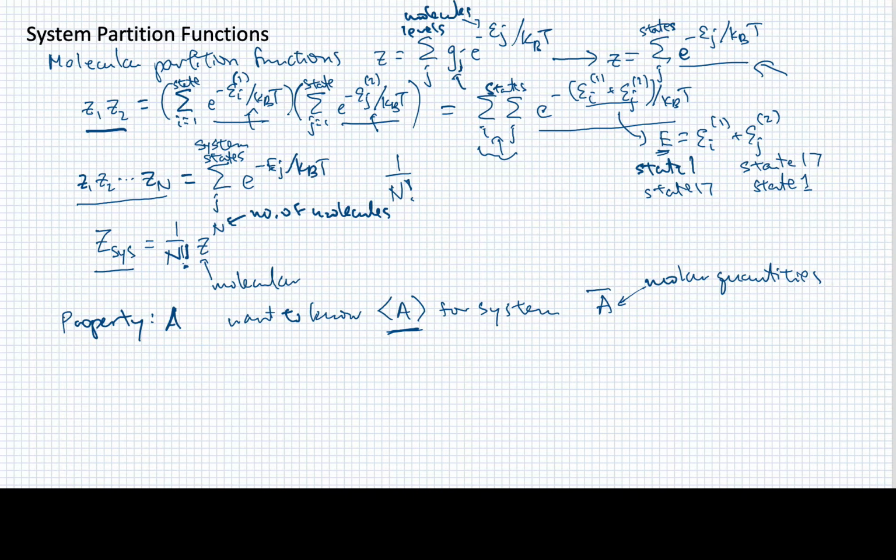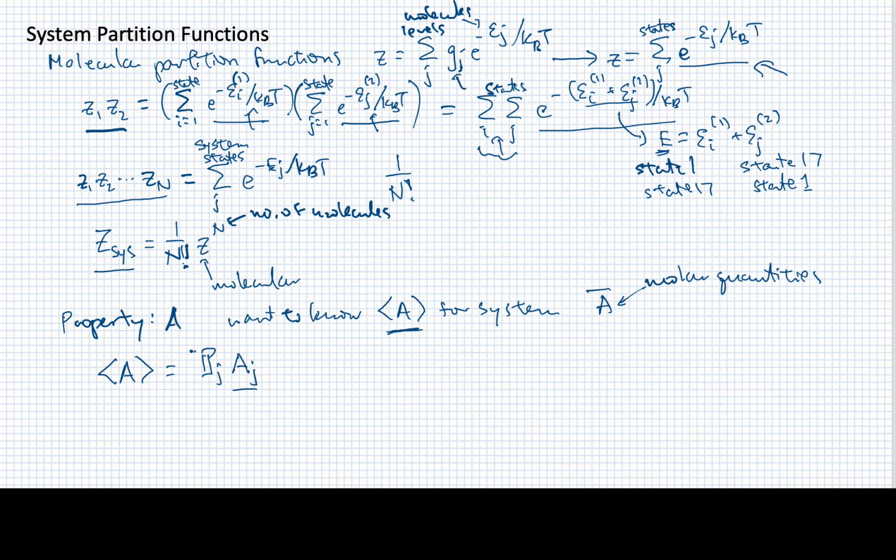All right, so how would I determine the average value for some property? Well, one way I could do it is to say, this property can have different possible measurements. Let's say A sub j represents one of the possible measurements that I could have on this property. Now, what I would want to know is what is the probability of measuring this value? Well, it would simply be the probability of being in this state j.